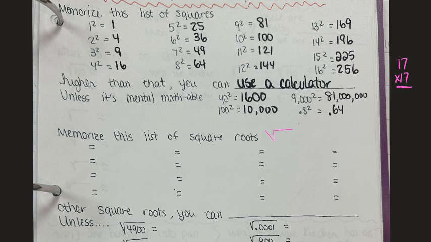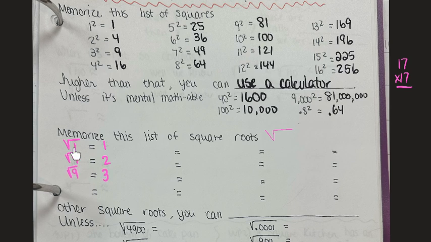Okay, so the square root of 1 is 1. The square root of 4 is 2. Look how we did this. The square root of 9 is 3.